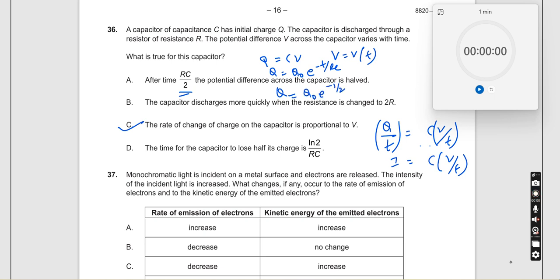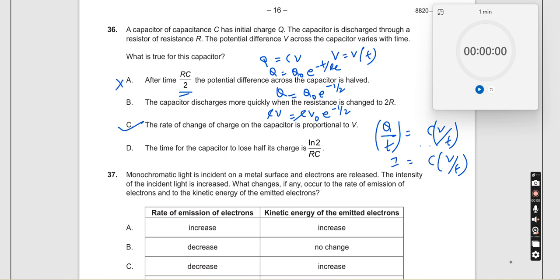Now we know Q equal to CV, so CV is equal to CV naught into e to the power of minus half. C goes away, V equal to V naught e to the power of minus half. So definitely the charge is not getting halved, so this is incorrect.